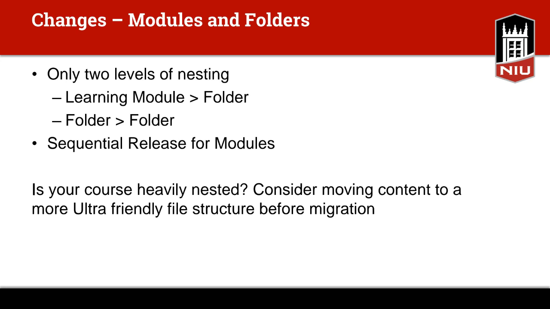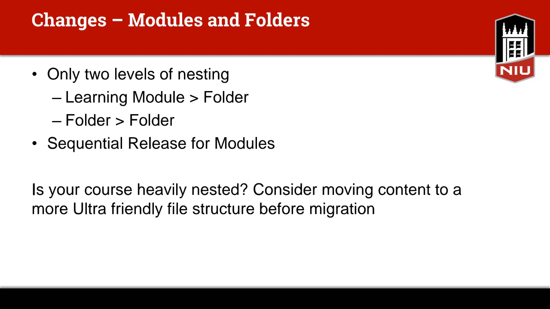Another big change, and this is really for purposes of mobile navigation, is that there are only two levels of nesting currently. One thing I see a lot in original courses, especially courses that someone has been teaching for any amount of time, is folders keep getting nested inside of folders, right? That's fine. It's great to have all that information in the course.